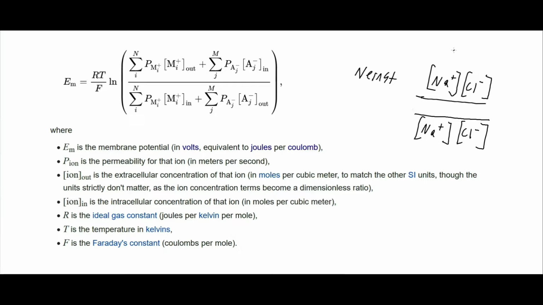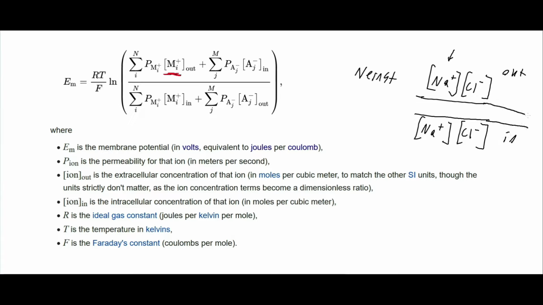I mean, each of these things is charged. We're creating a potential across this membrane. And so what we see here is our positive ions on the outside. So I'll put a red here, and we'll call this over here outside. So this is out, and this is in.